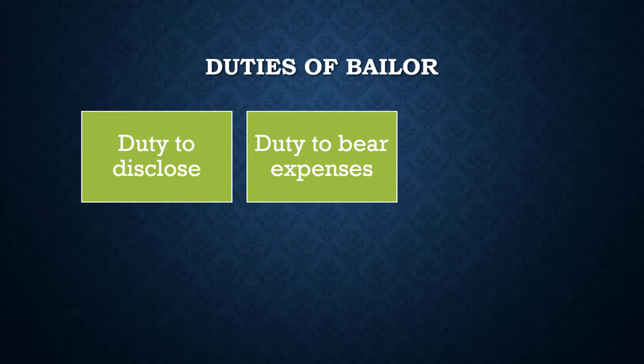Now, duty to bear expenses. If at all bailee has incurred some expenditure on the goods which he is not supposed to, bailor must bear the expenditure. That means bailor must reimburse later whatever expenditure bailee has incurred on the goods.